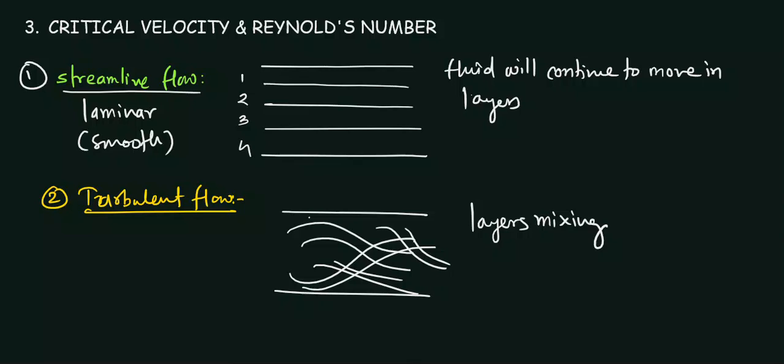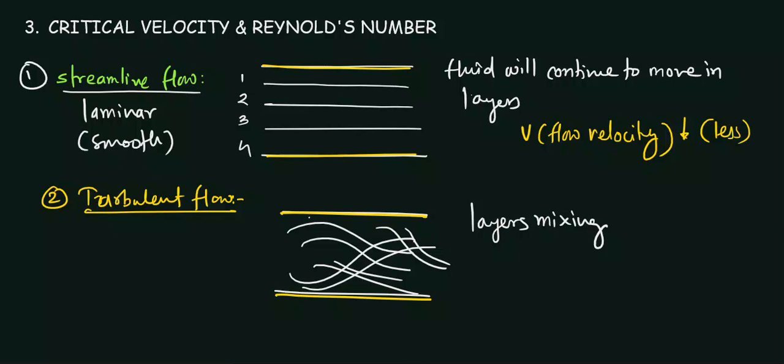And for streamline flow, let's say this is a pipe and this is the boundary of the pipe we are talking about. If you start the flow of water, and if the flow velocity is less, you may get streamline flow. If the flow velocity is high, there will be mixing of these layers and you will get turbulent flow.